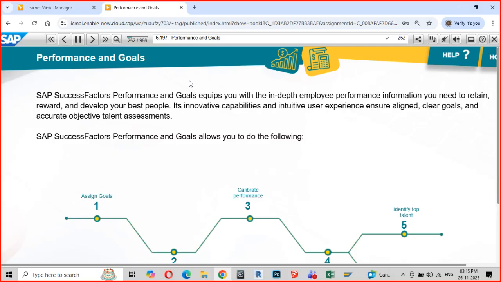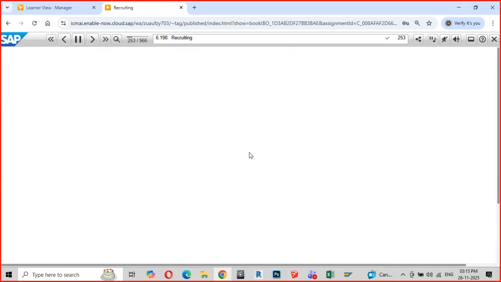So this is exactly what I said. You evaluate the performance through various parameters. Clear? The employee's aspirations, his growth, right? Everything is measured.